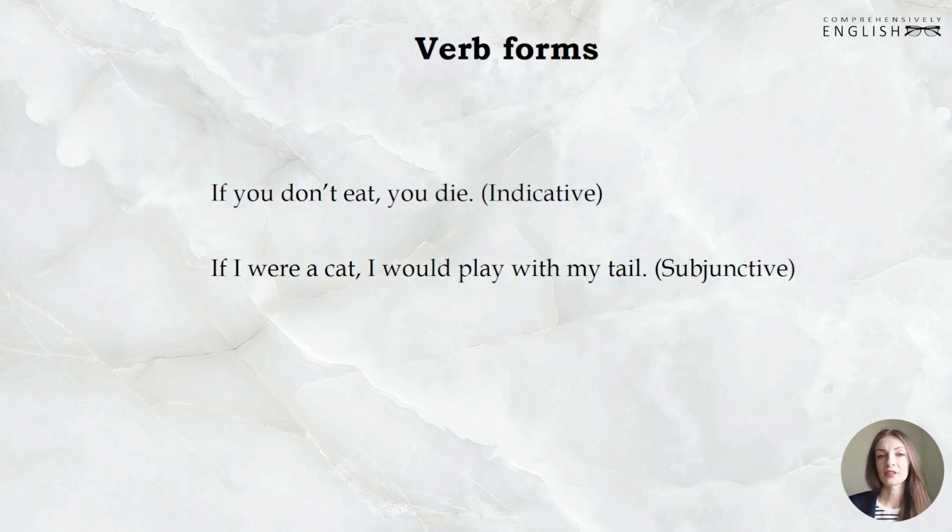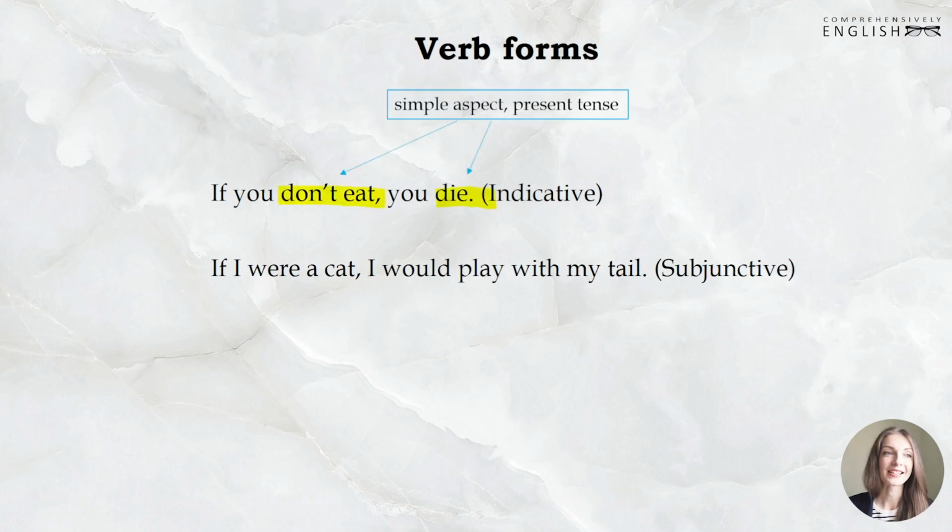Though we will have a separate video on how we form conditional sentences of these four types, let's take a quick look at the form. So if we speak about the indicative mood, for example, zero conditional, if you don't eat, you die, we have a present tense of a simple aspect here, so that is the present simple tense.